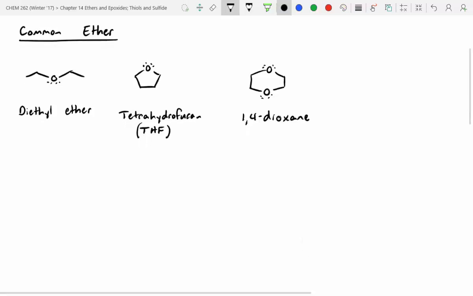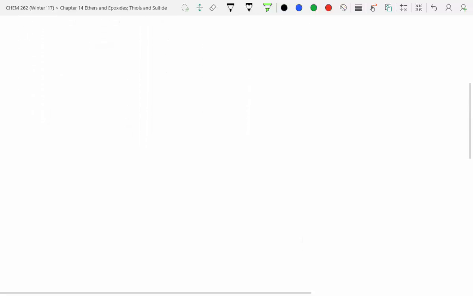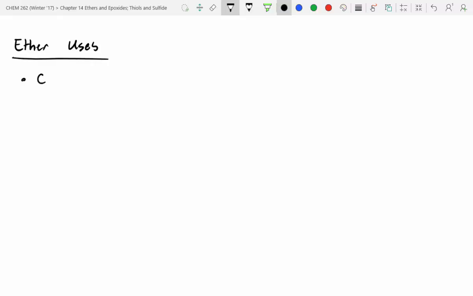And let's take a look at why we use ethers. So the first one we saw is that it's a common solvent. The other nice thing that I mentioned briefly is that they can be weak Lewis bases.